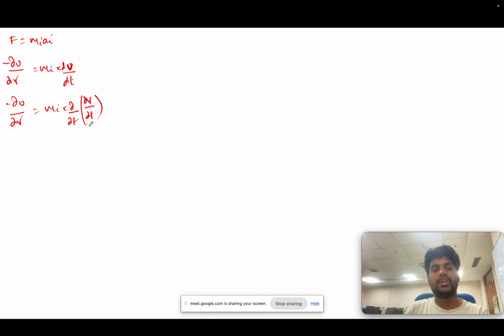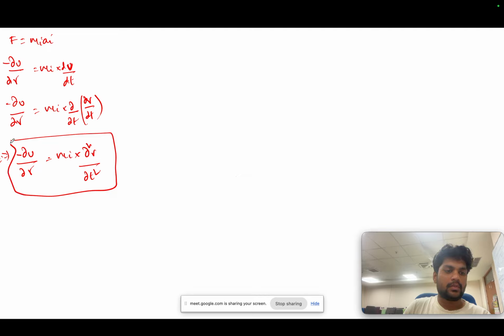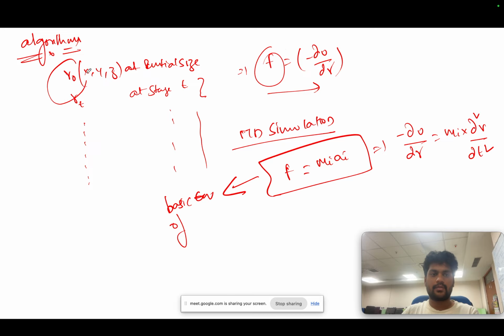So velocity is nothing but distance by time. So now we have this formula. If you solve this, at each stage you know the potential force, and if you do this you will get r of t. So that's what we need to have, r of t.